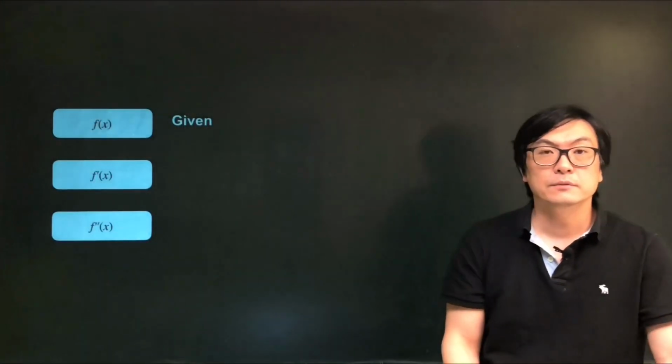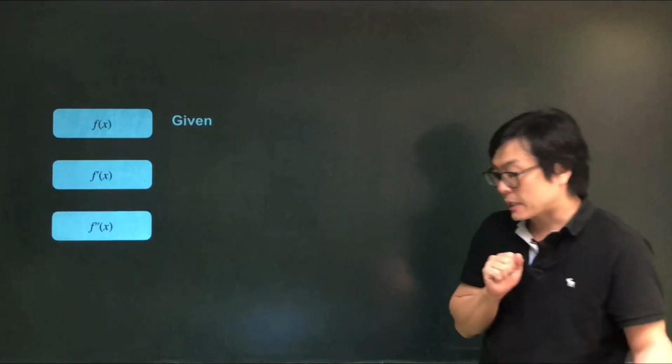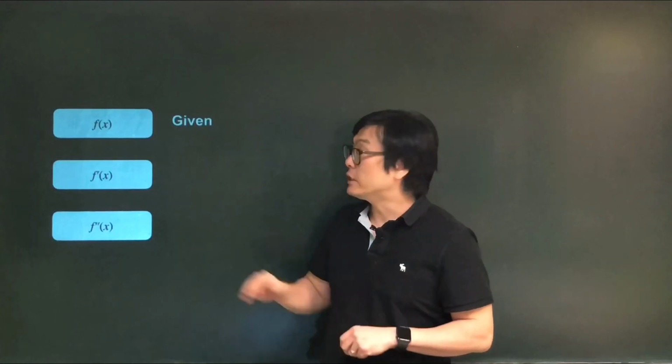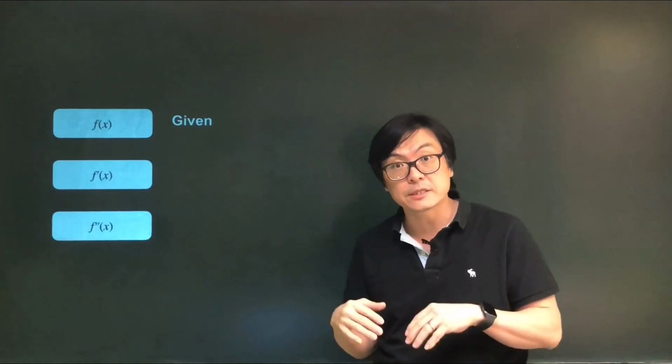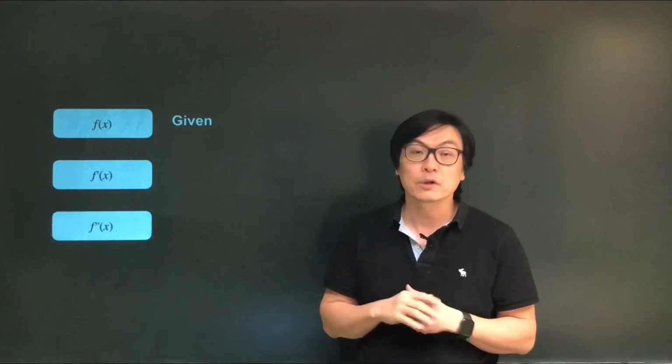Now let's think about the actual patterns of the question. Sometimes f of x is given. If f of x is given, we need f prime and f double prime to find out the increasing, decreasing, relative maximum or minimum, concavity, or points of inflection.